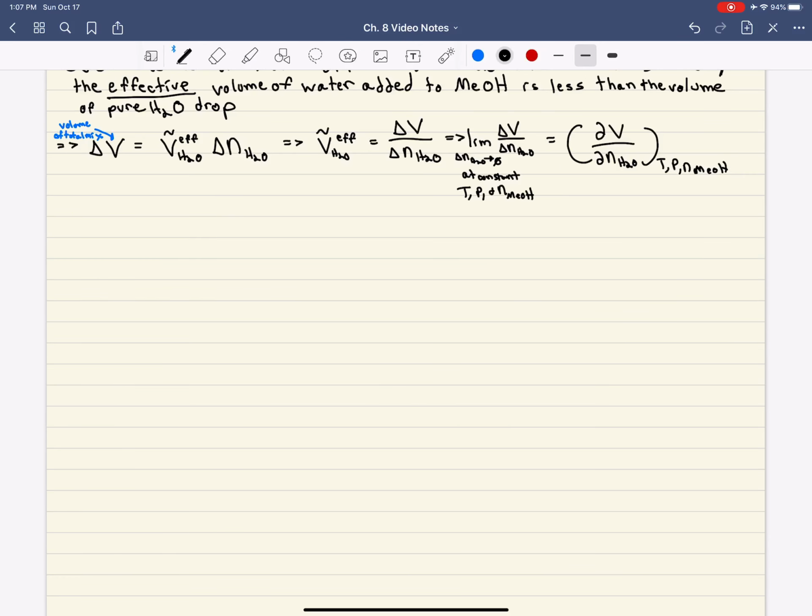All right, and so mathematically, that's how one would determine the effective molar volume of some substance B added to a mixture. But we could be more general about this math. Okay?